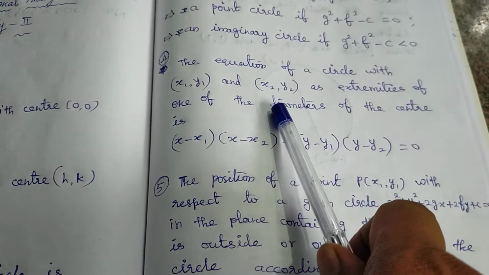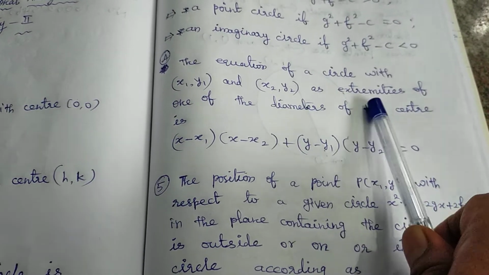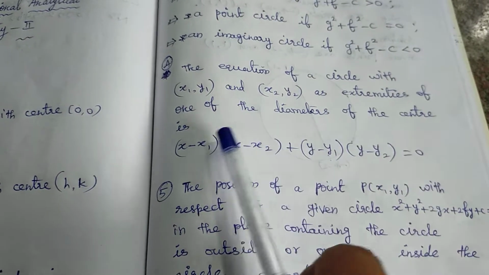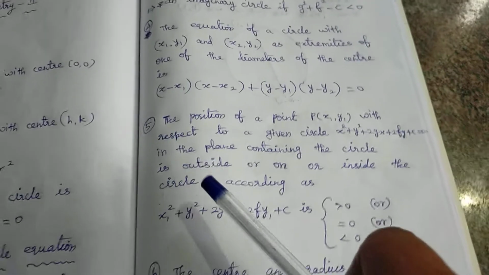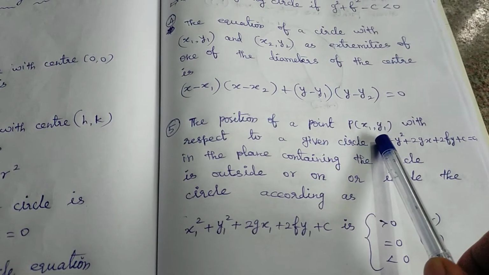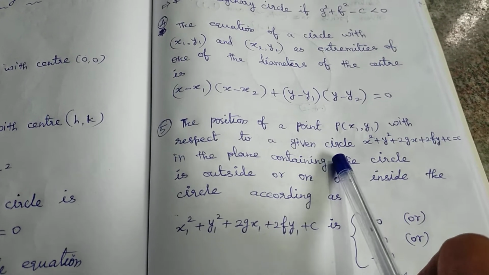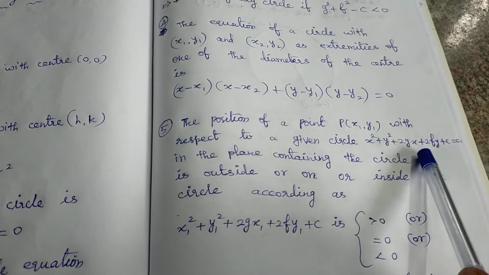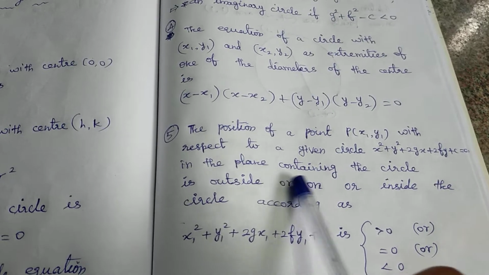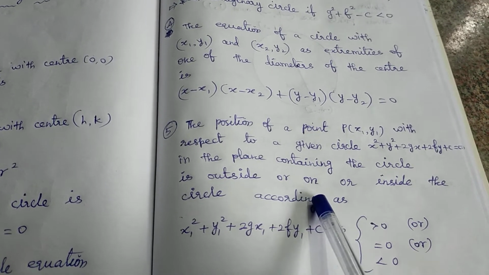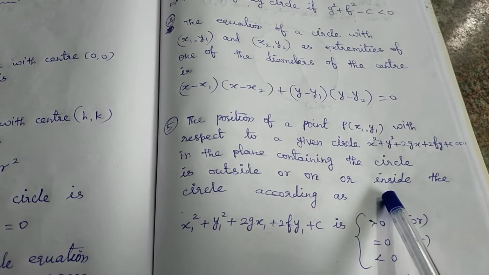The condition is the given extremities of one of the diameters. Next, the position of a point P of x1 comma y1 with respect to a given circle. This is the general form of the circle equation. In the plane containing the circle, the point is outside, on, or inside.